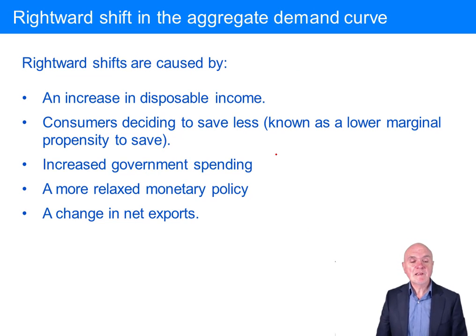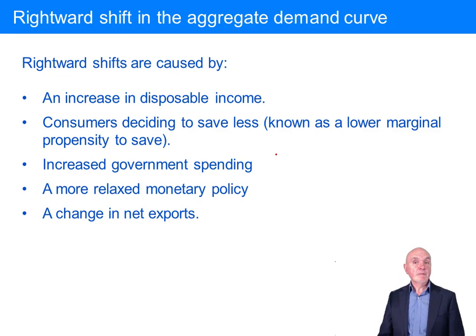Here we have a full list of potential causes of rightward shifts in the demand curve. An increase in disposable income, whatever causes that. It could be that there's been a very generous round of pay settlements.